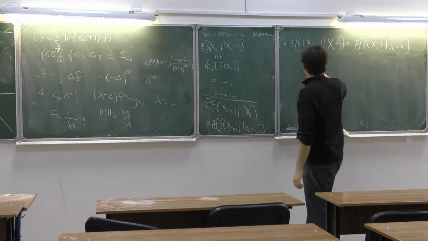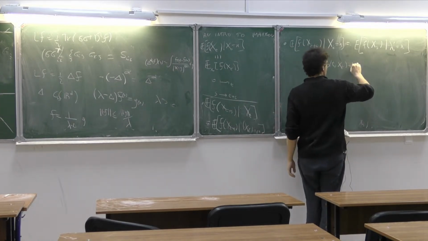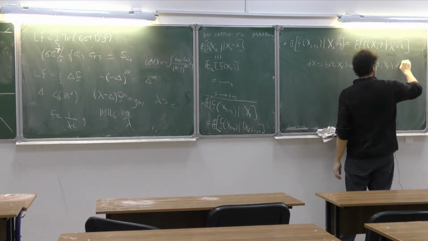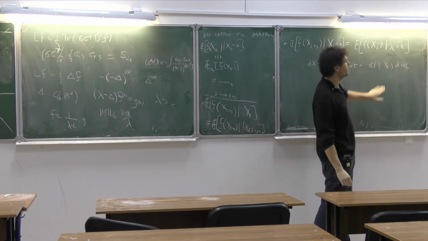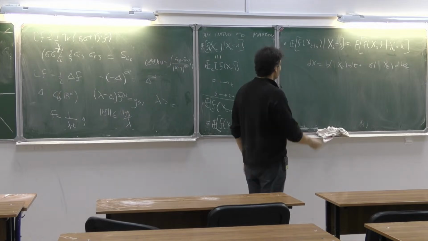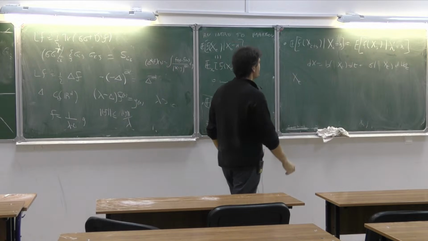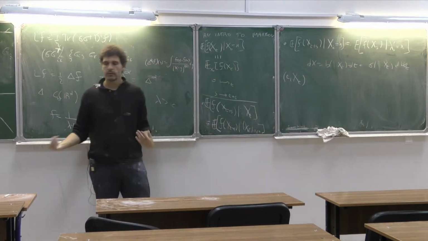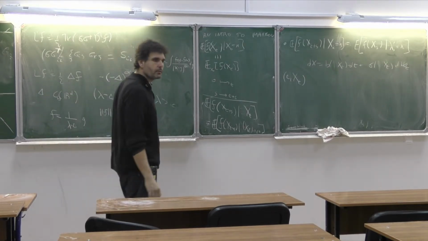So for instance, if I do something like this, it is a Markov process, but it's not homogeneous. To make it homogeneous, this must not depend on time. But again, if x_t is a Markov process that is not homogeneous, the pair (t, x_t) will be a homogeneous Markov process.